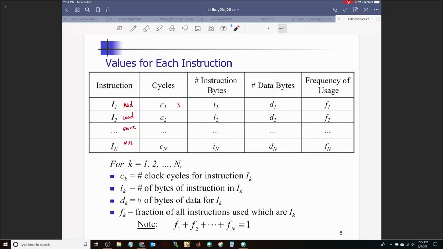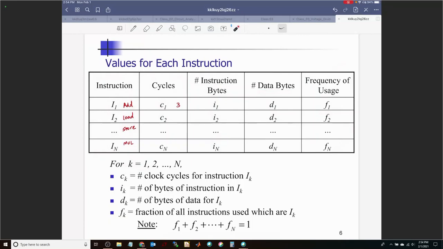So it's a statistical number here, because we are asking the computer to do these instructions. And the more we ask the processor to work on something, its frequency of usage would go up.